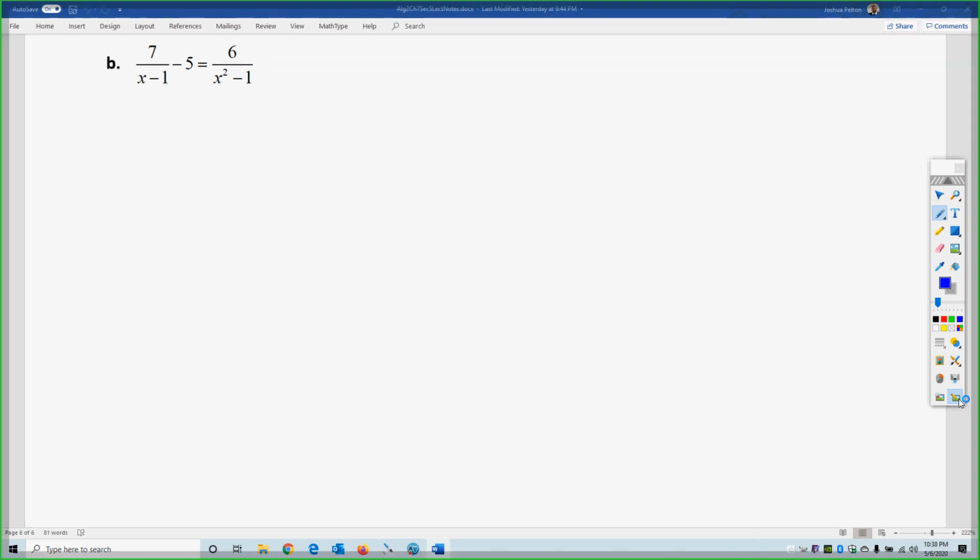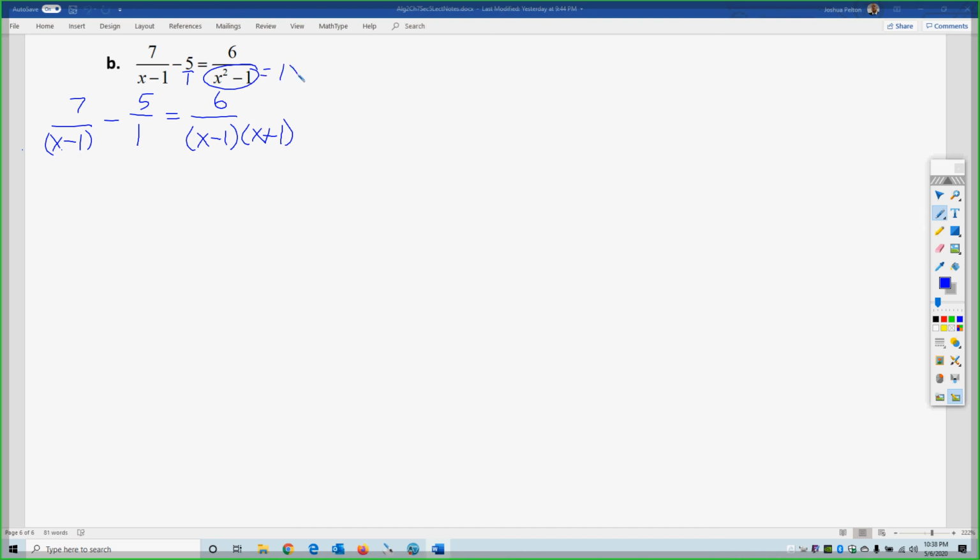So in this problem, we have a couple different things. One, it's not factored completely. You need to give this one a denominator. So this is 7 over x minus 1. That is minus, not equals, sorry. 5 over 1 equals 6 over x minus 1, x plus 1, because remember what this is.